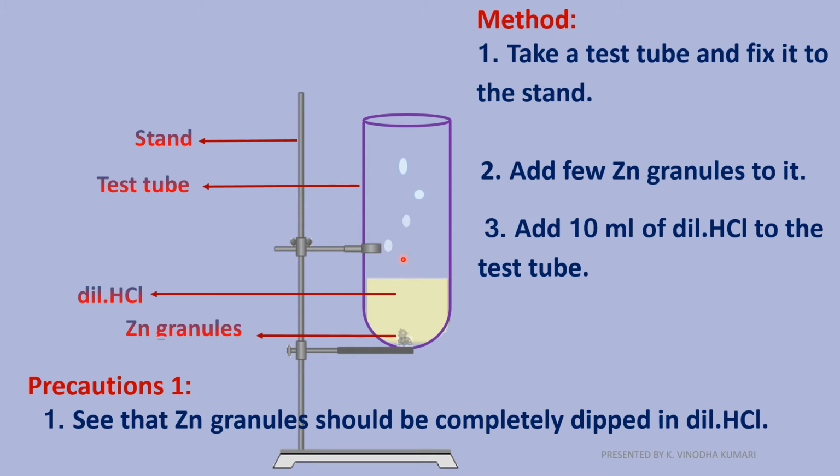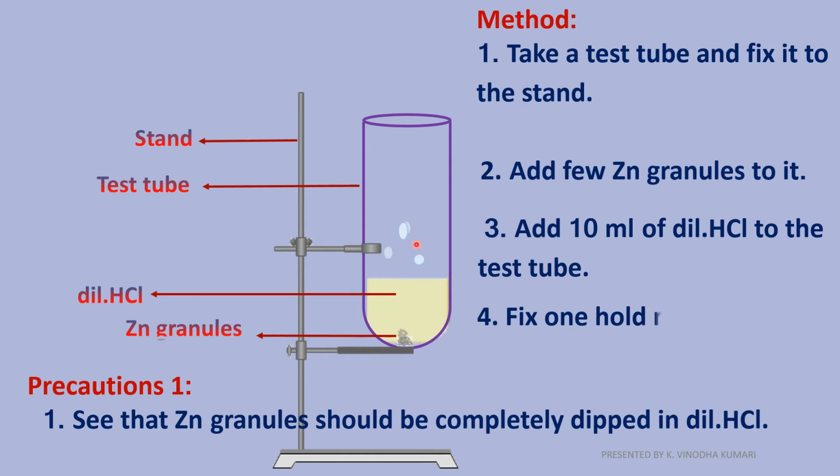So here how much concentration of the HCl we have to take is not necessary, but if you pour a few ml of the dilute HCl into the test tube and observe bubbles coming out of it, then you can continue the activity.